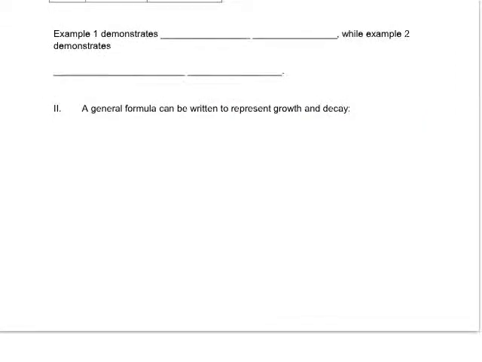So if you think of those two examples, the first example where you're calculating your raise, that demonstrates exponential growth. Everything is increasing. And that's good when we're talking about money. And then example 2 represents exponential decay.